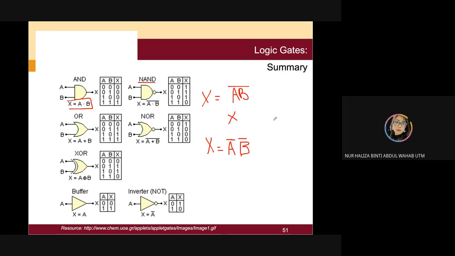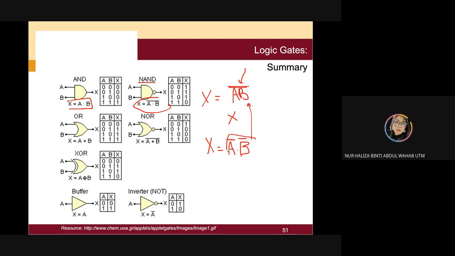It's similar, but it is not. If you have (A dot B) bar, it is not similar to A bar dot B bar. So that's why you need to also carefully know where you're going to apply the bar. So this one, (A dot B) bar, is for the NAND gate, if your input is A, B.